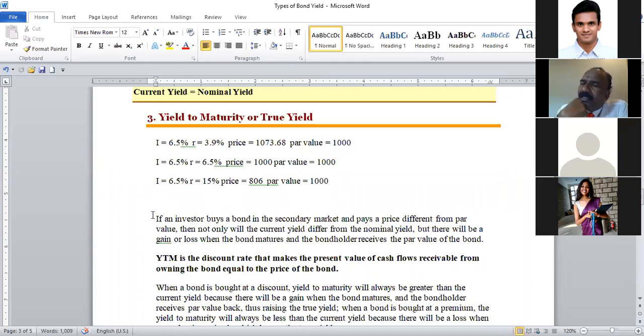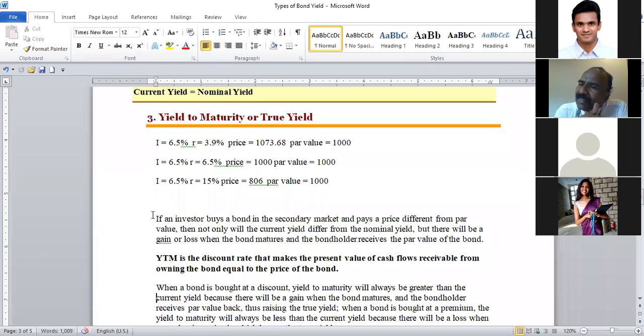Now here, R, the yield, will not be given. Price is given, I is given, and par value is given. At what rate are both equal?